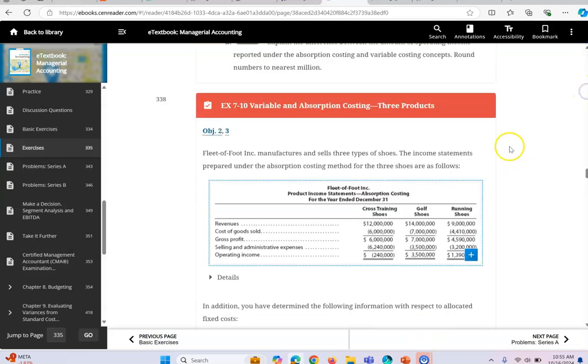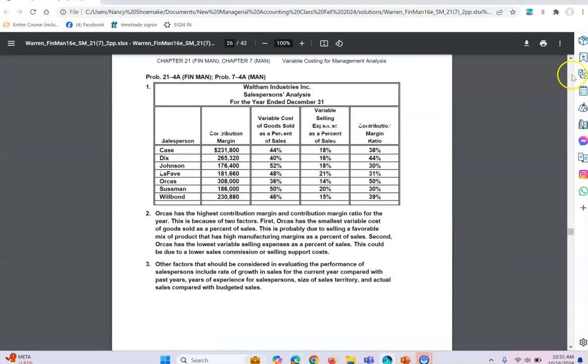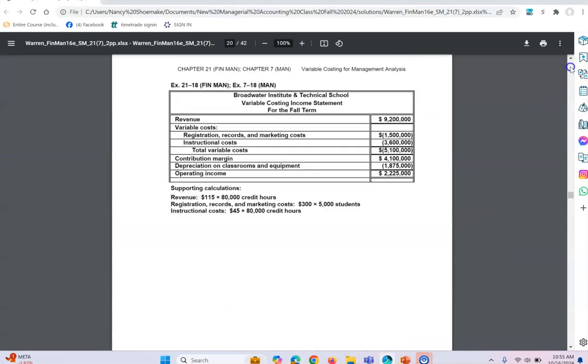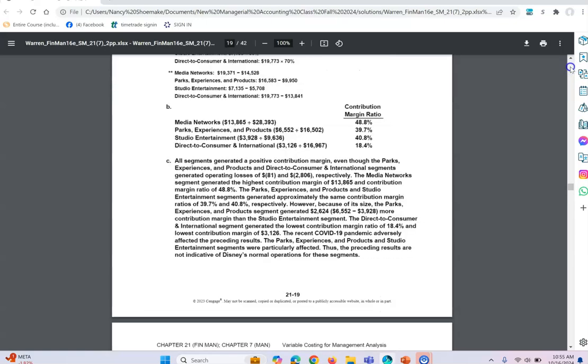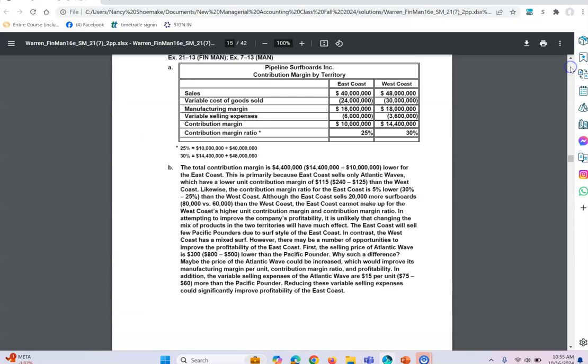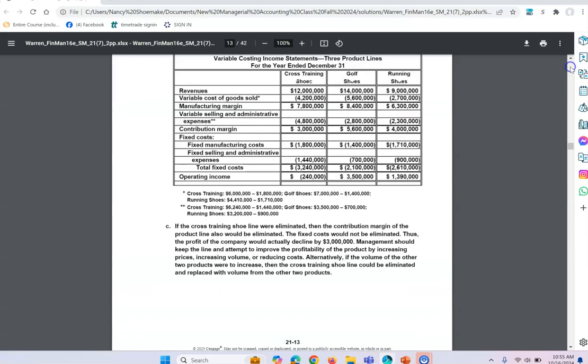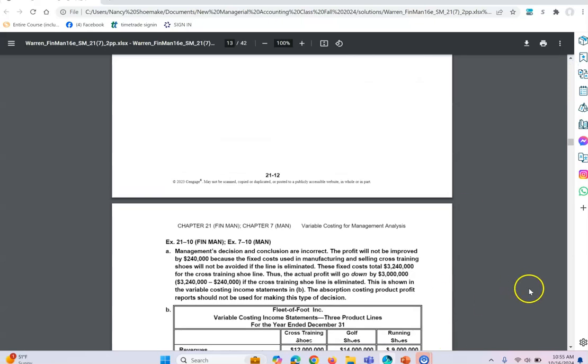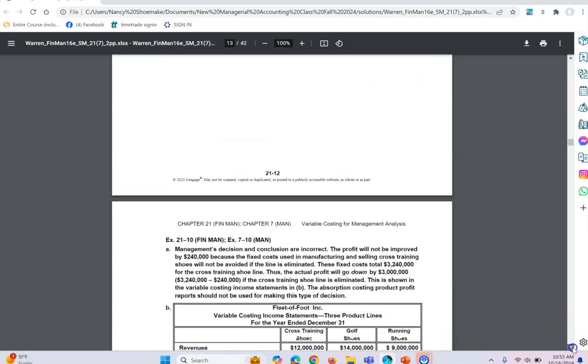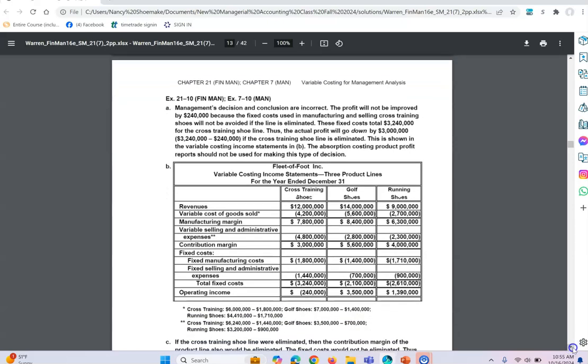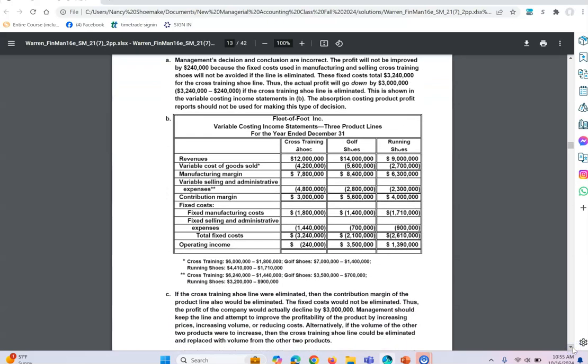So let me pull up the solution here. There we go. So that's not necessarily the case here. The profit's not going to be better because the fixed costs aren't going to be avoided.